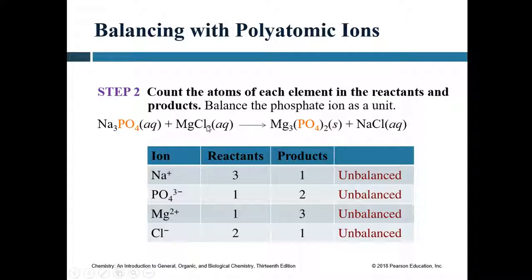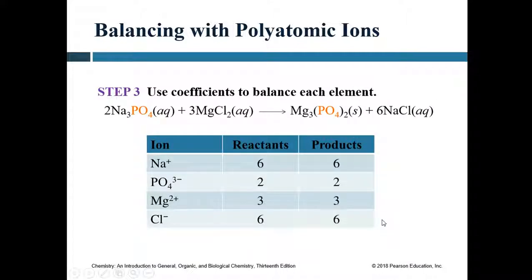Let's come over here. I have 2 chlorines here. How am I going to get to 6? Well, 2 times 3 is 6. That means because I'm balancing, I use coefficients, I'm going to put a 3 in front of my MgCl2. So now my Mg is a 3. My Cl is a total amount of 6. Notice, every single one is now balanced.